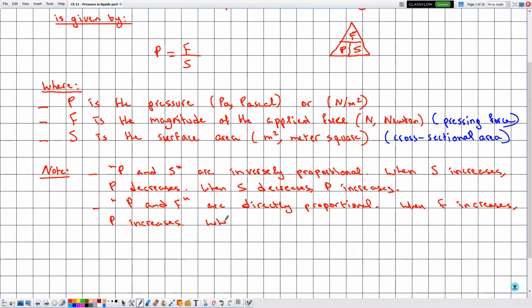And when F decreases, P decreases as well.